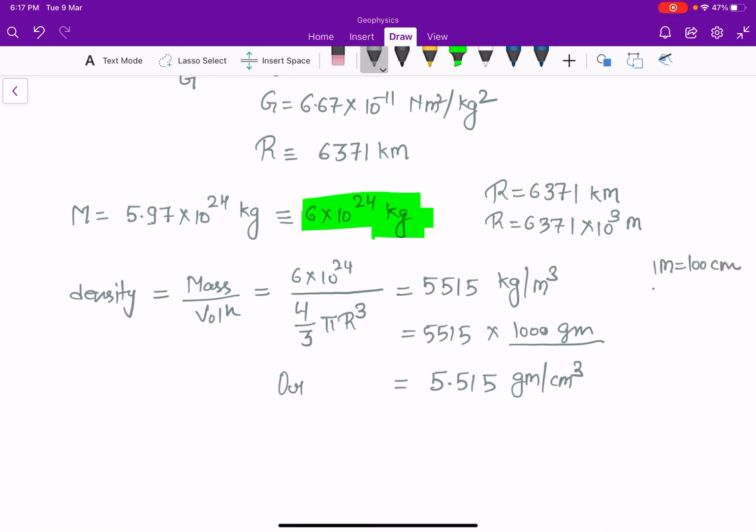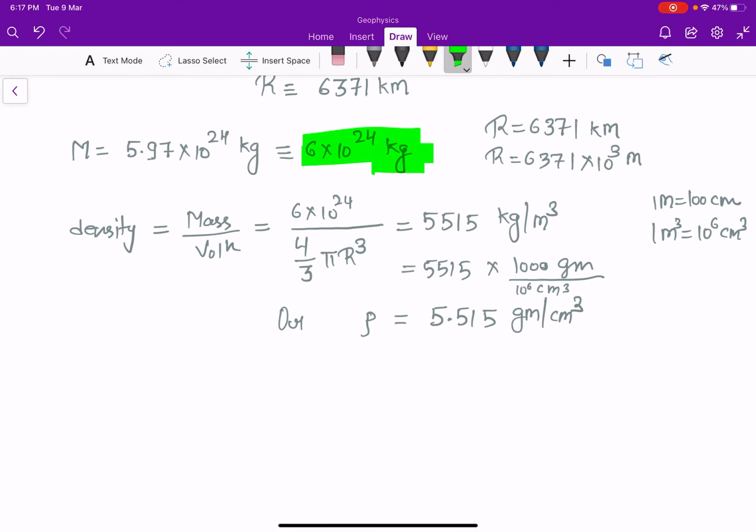So 1 meter cube will be 10 to the power 6 centimeter cube. So divided by 10 to the power 6 centimeter cube. After simplifying, we will get 5.515 gram per centimeter cube, which is the density of the Earth.